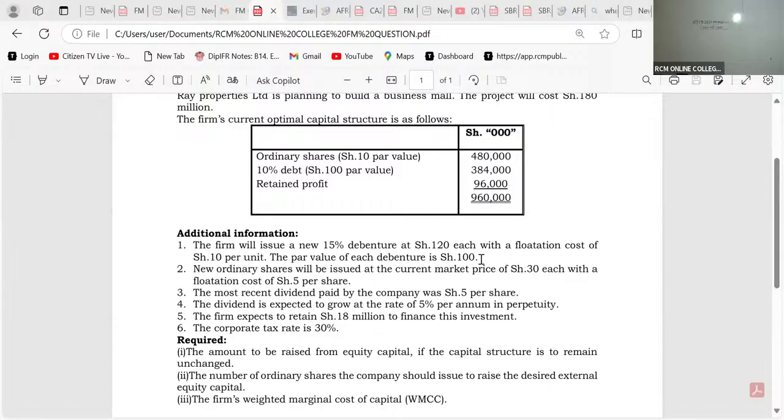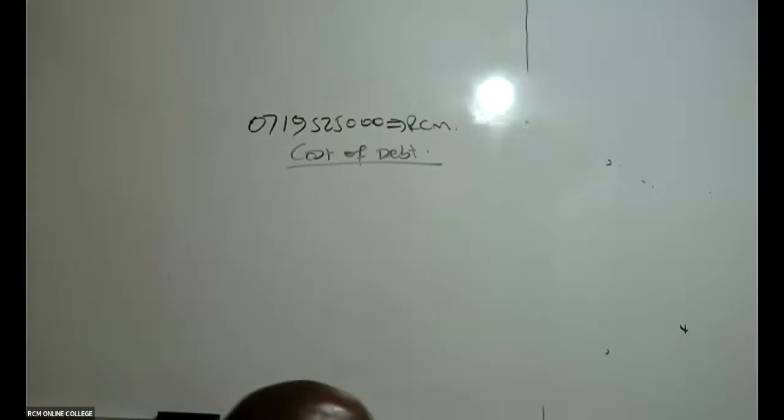Is it redeemable, my good students? If it was a redeemable debt, I would have seen the period of redemption, like this should be redeemed after say 10 years. So this is irredeemable, and if it is irredeemable, then this is an examiner who is wishing you success.